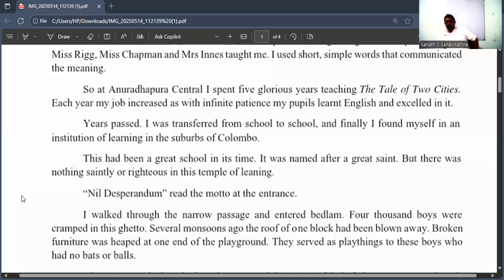And at the entrance, there was the motto, inverted comma, nil desperandum. Now, this is a Latin phrase of which English meaning is never be desperate. Yes.